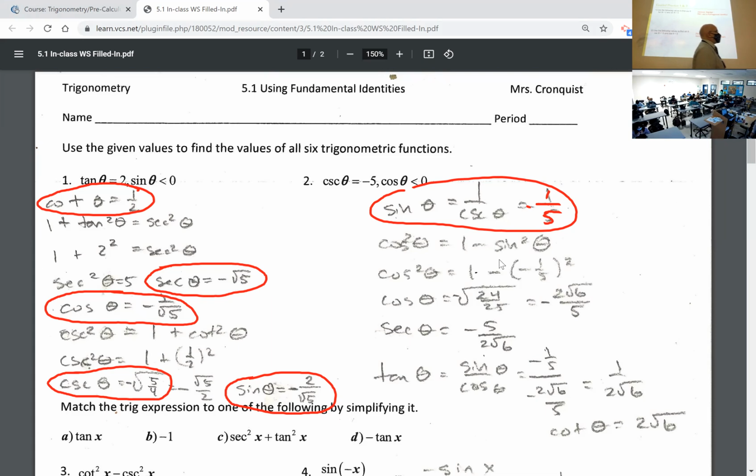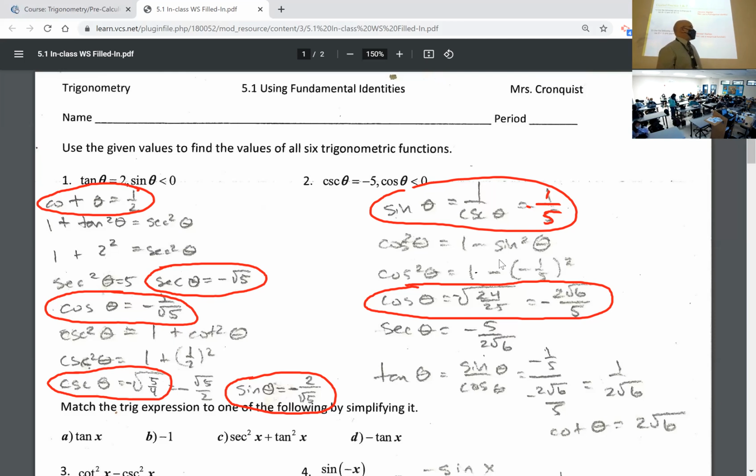Well, if sine is negative 1/5, cosine squared is 1 minus (negative 1/5) squared, which is 1 minus 1/25. So cosine squared is equal to 24/25, or cosine is equal to the negative square root of 24 over 5. Square root of 24 we can reduce to 2√6. Square root of 25 is 5.